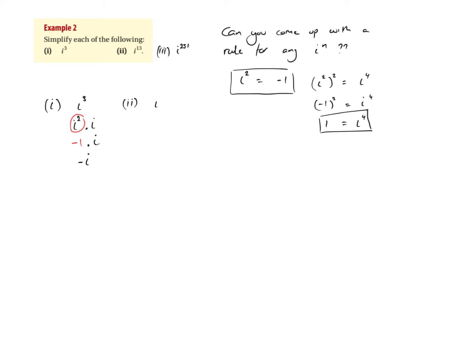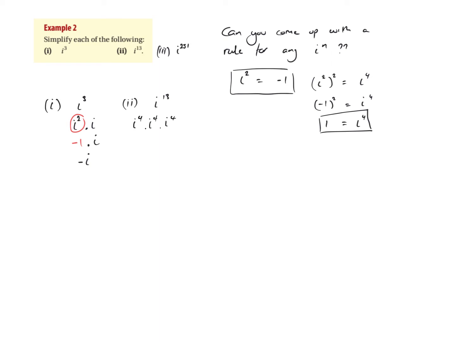Now, we see we have i to the power of 13. Seems a little bit more difficult here, but what I'm going to use is the second definition as much as I can. And you can see here that I know that i to the power of 4 is equal to 1. So I'm going to break this up into as many i to the power of 4s as I can. And hopefully you should be able to see that if I rewrite this out, I get i to the power of 4 multiplied by i to the power of 4 multiplied by i to the power of 4.